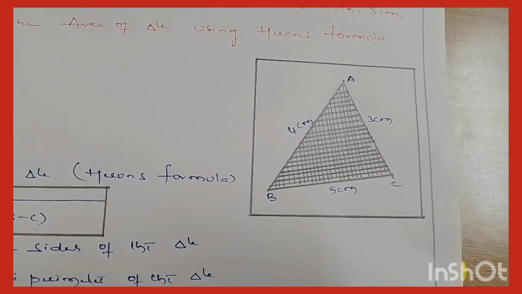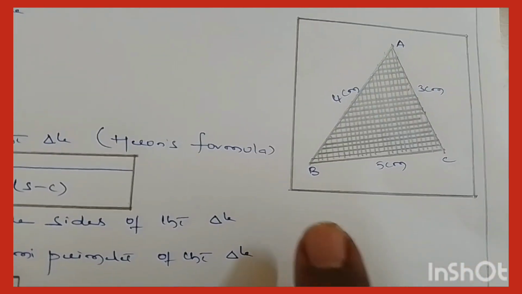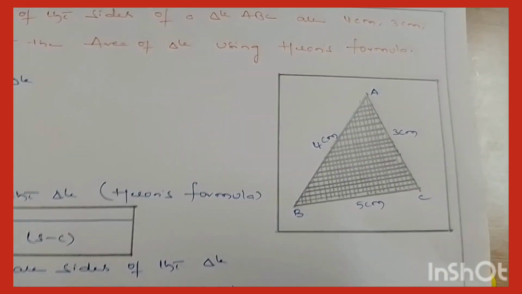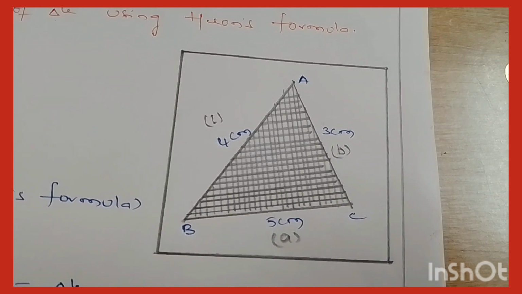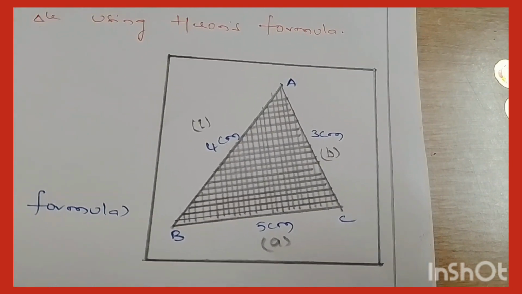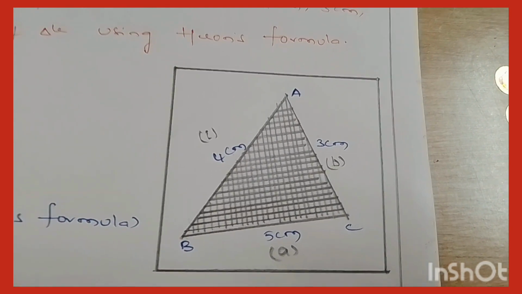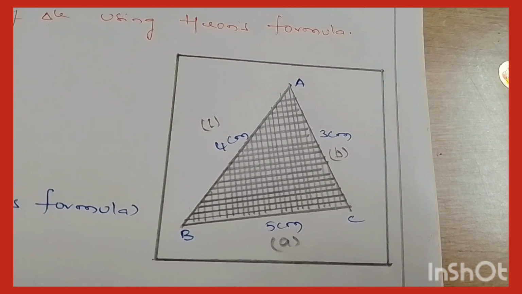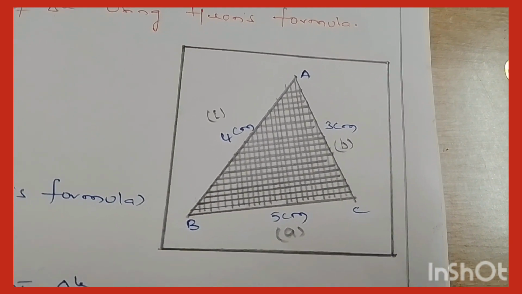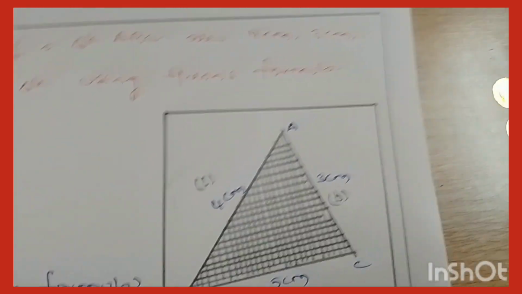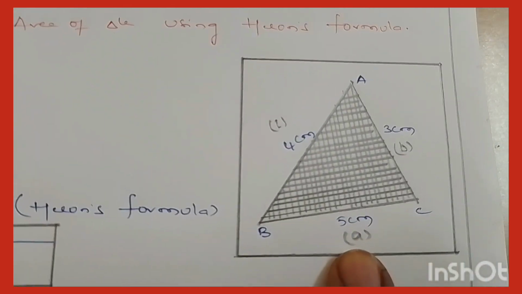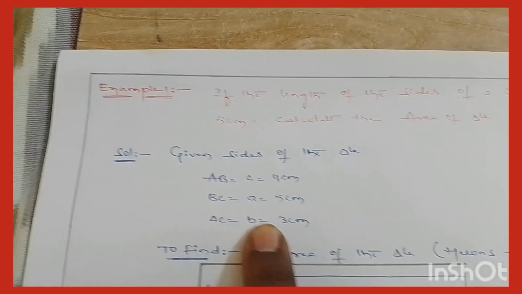Vertex A is exactly opposite to the side BC. Therefore we can write BC as small a. That is what I have mentioned in the given part.